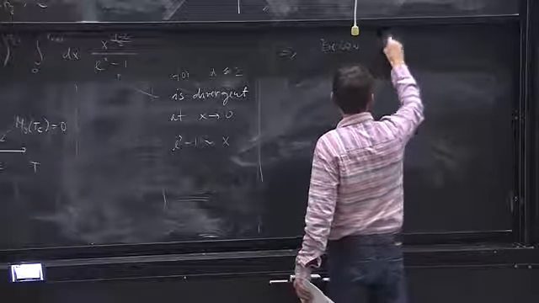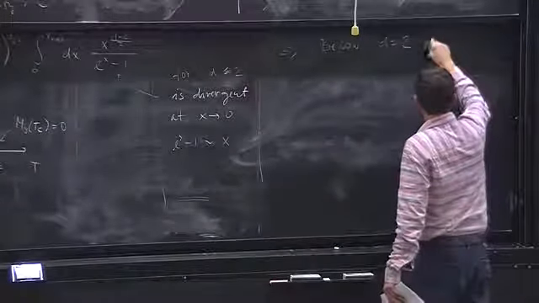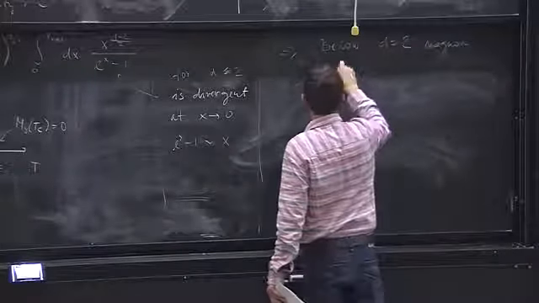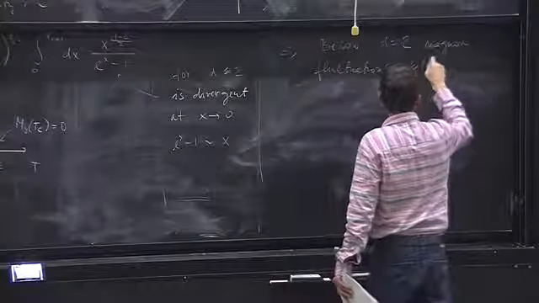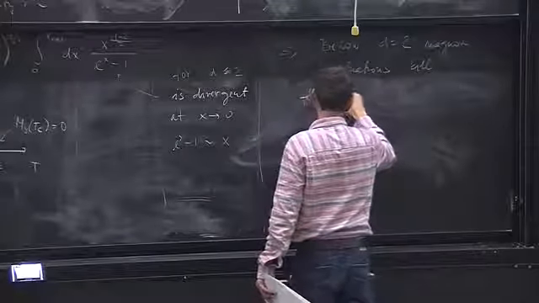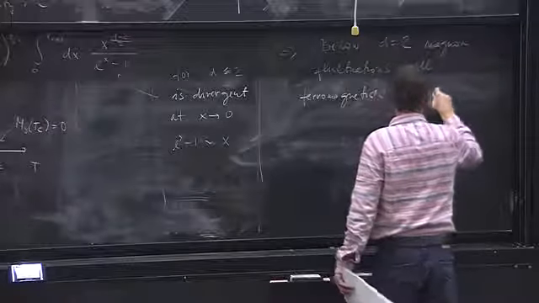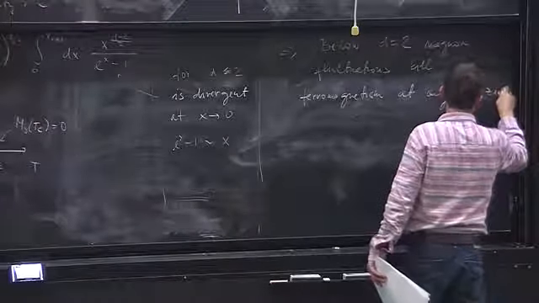For d equal to 2 and below, magnon fluctuations kill ferromagnetism at any non-zero temperature.